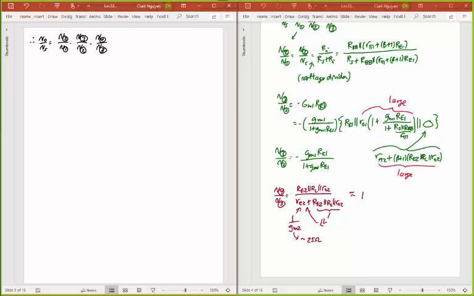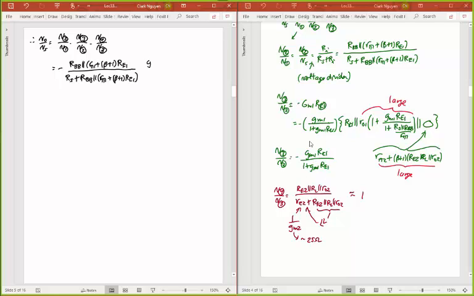All of these gains put together then give me my total gain as minus RBB parallel with R pi 1 plus beta plus 1 times RE1. All I'm doing is copying results from this page back here, divided by RS plus RBB, and all this stuff, this whole thing times this second gain stage here, which is this GM thing here.